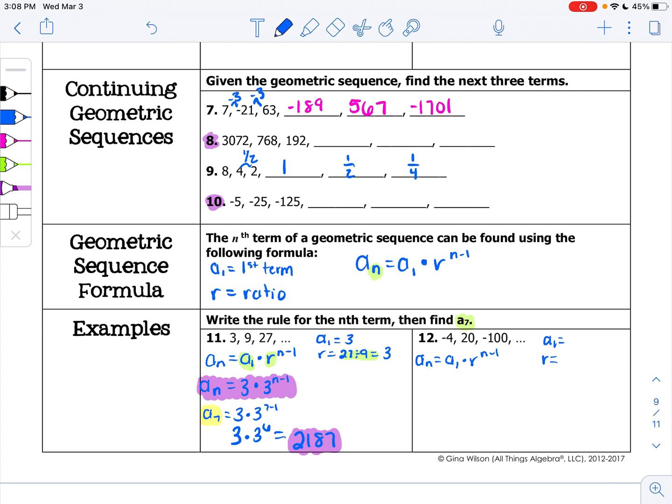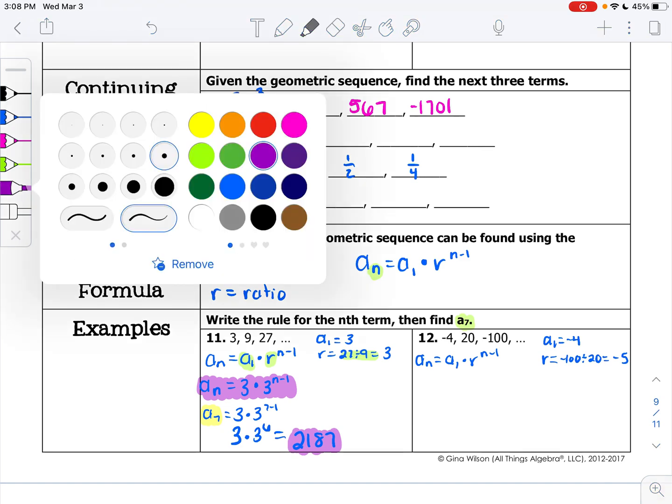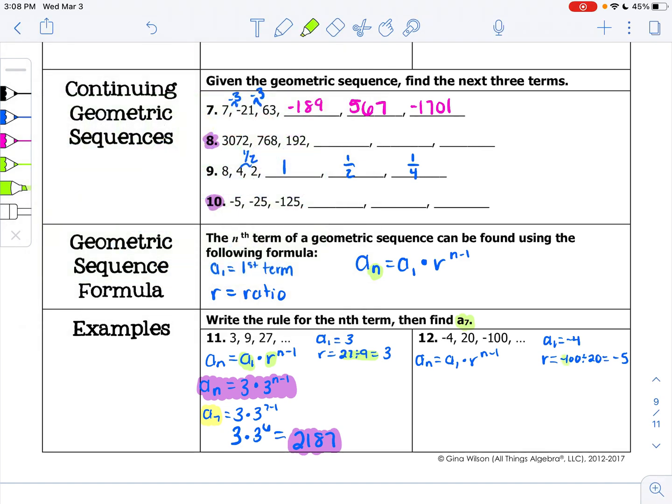So a sub 1, our first term, is negative 4. And then remember, to get r, we take negative 100 divided by its previous term of 20. And negative 100 divided by 20 is negative 5. So r is negative 5 and a sub 1 is negative 4.